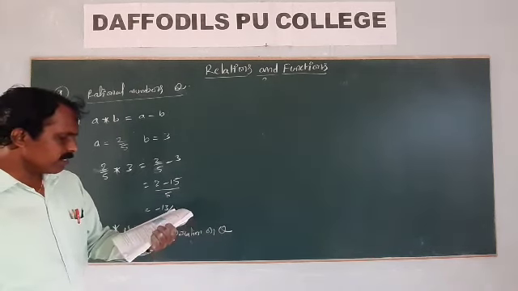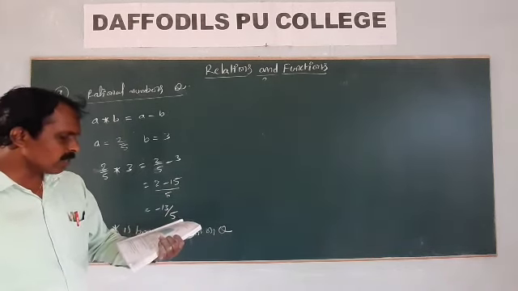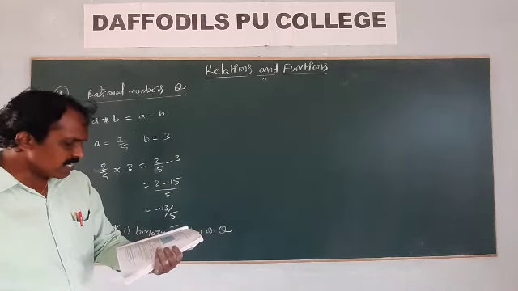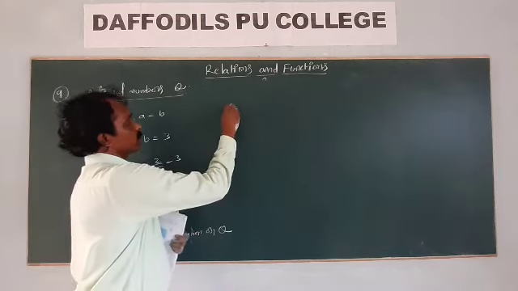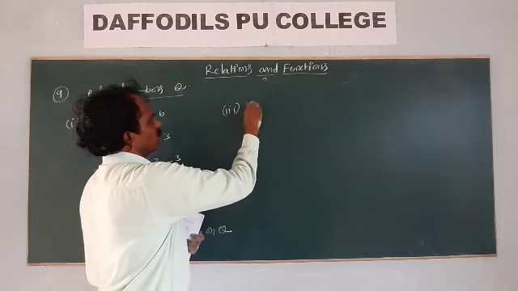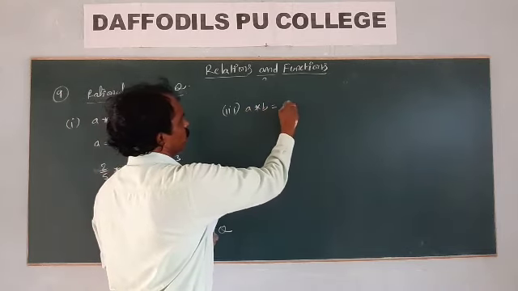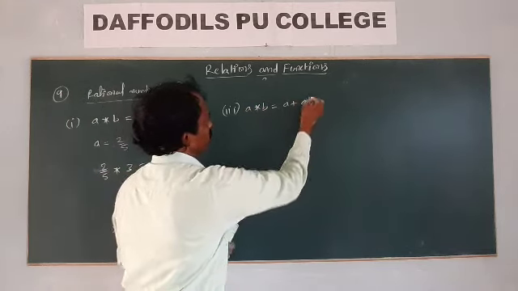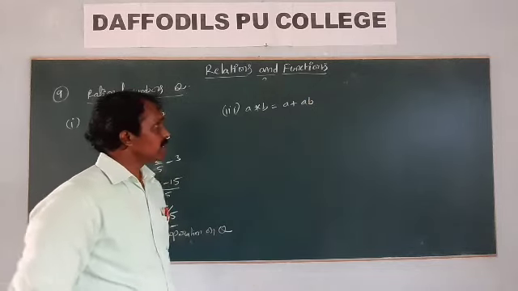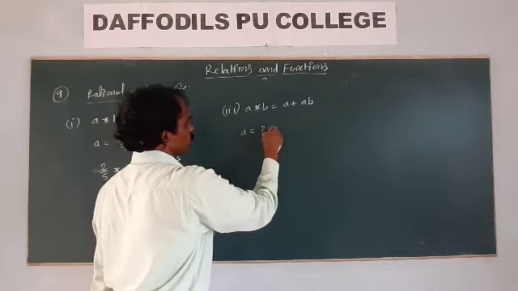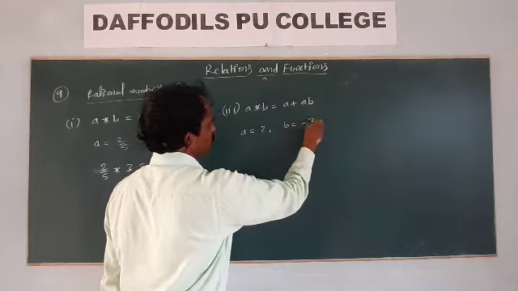Next bit: A star B is equal to A square plus B square. Do this as homework. And the third one: A star B is equal to A plus 2B. Take examples: A is 2, B is minus 3.